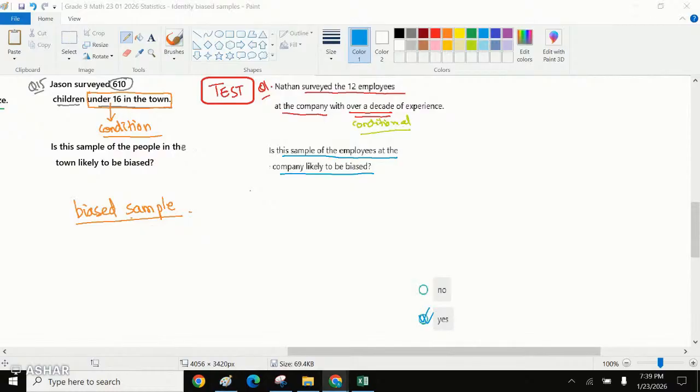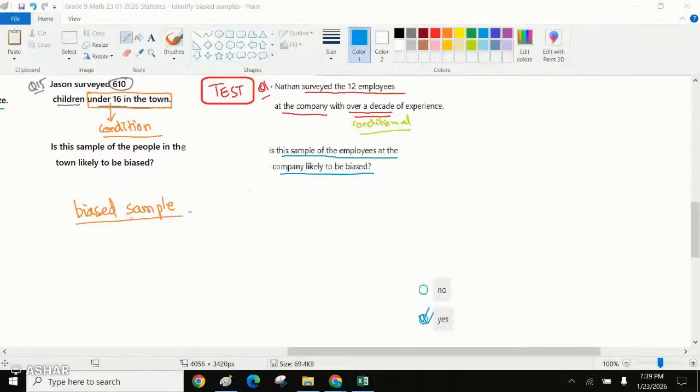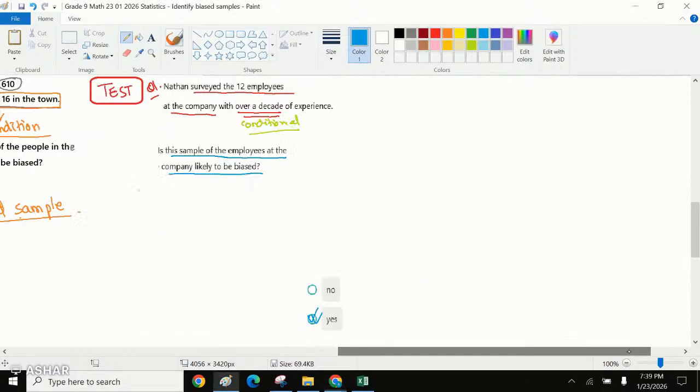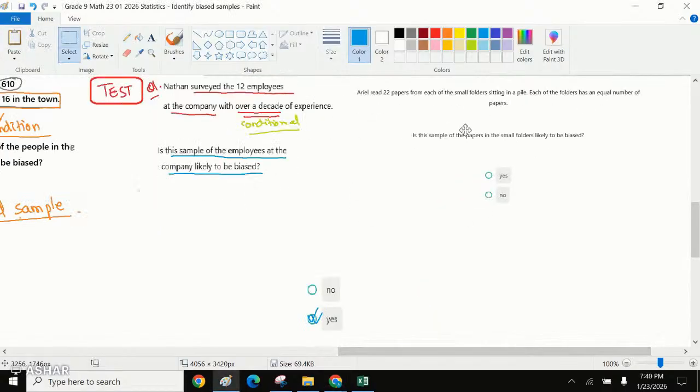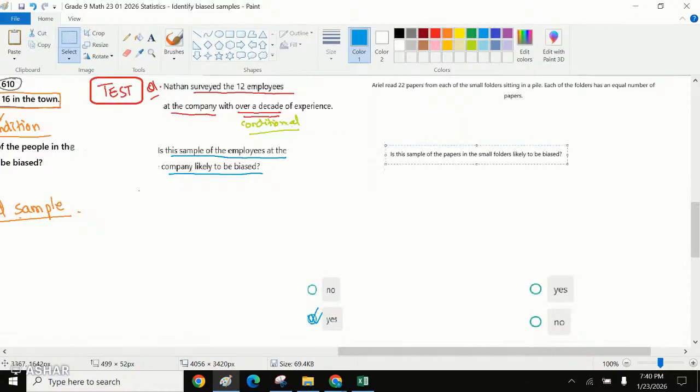Okay. So the next one is, Ariel read 22 papers from each of the small folders. Just a moment, I'll just copy this, then we'll read it together. This is our question number 2, and these are the options given for us. What they're asking is, is this given sample a biased sample?